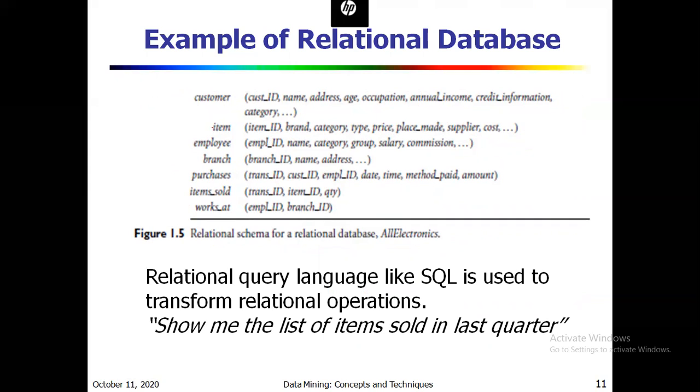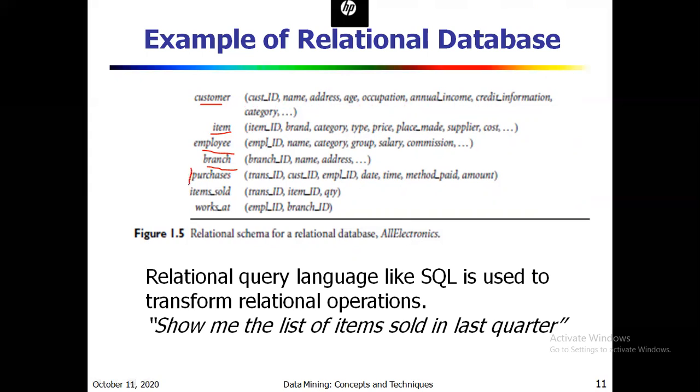So this is the relational schema for a relational database. For example, we have information about the customer, the item, the employee, and the branch.